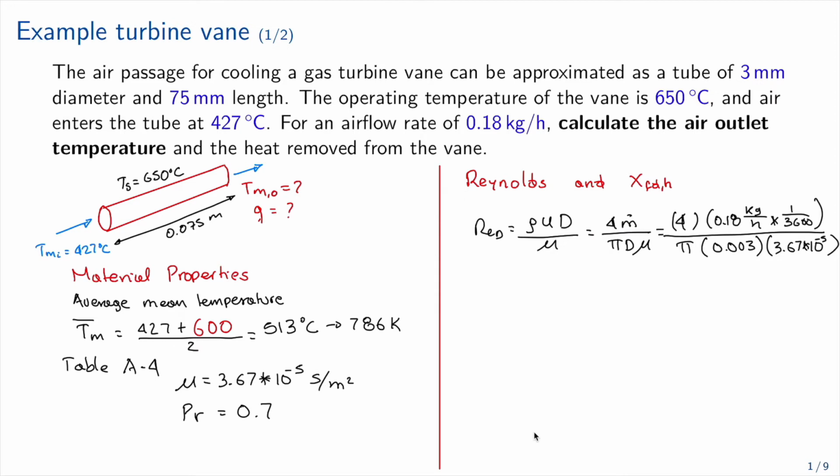If we do the operation, we obtain a value for Reynolds equal to 578, which is a laminar value.